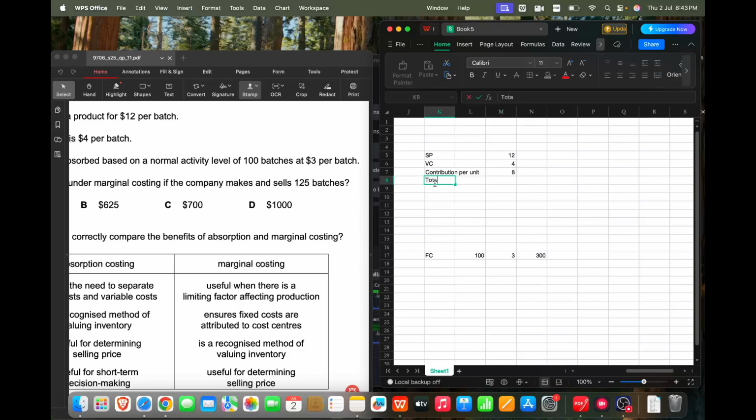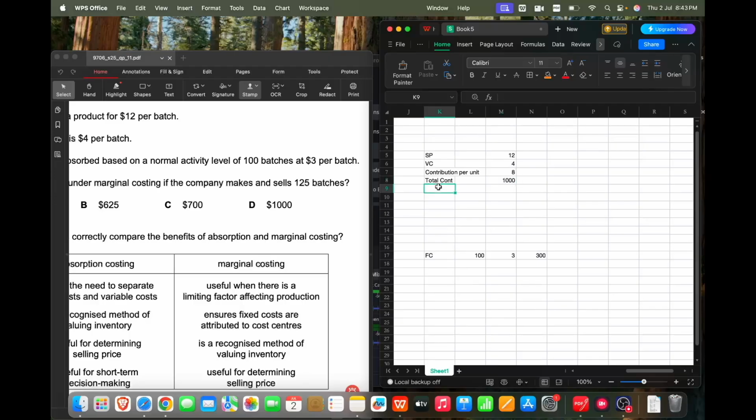Now I want to calculate my total contribution, and total units we are making is 125 batches. So contribution out here is $8 into 125 batches. That will give you $1,000.